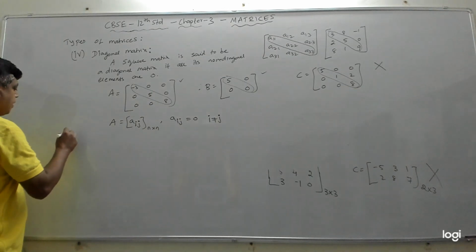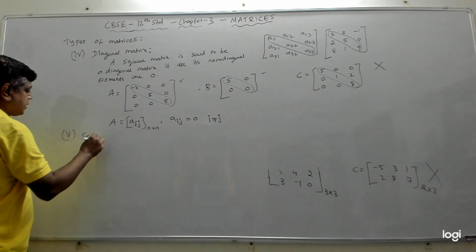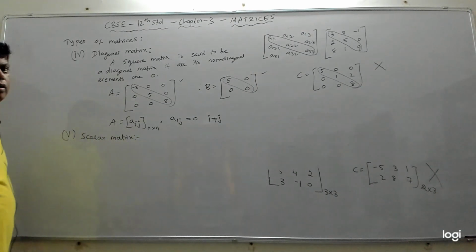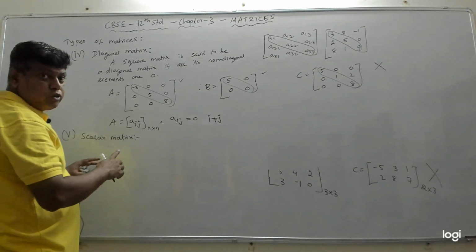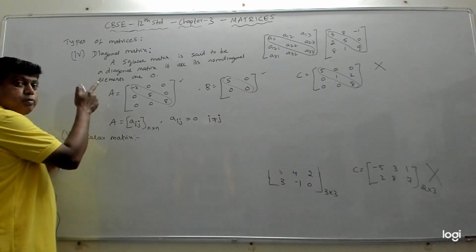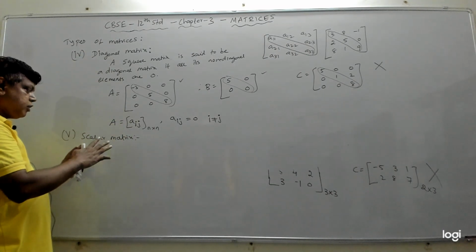The next one that we have is the scalar matrix. The definition is that a scalar matrix should be a diagonal matrix first, and a diagonal matrix should be a square matrix. So first of all, it should be a square matrix.